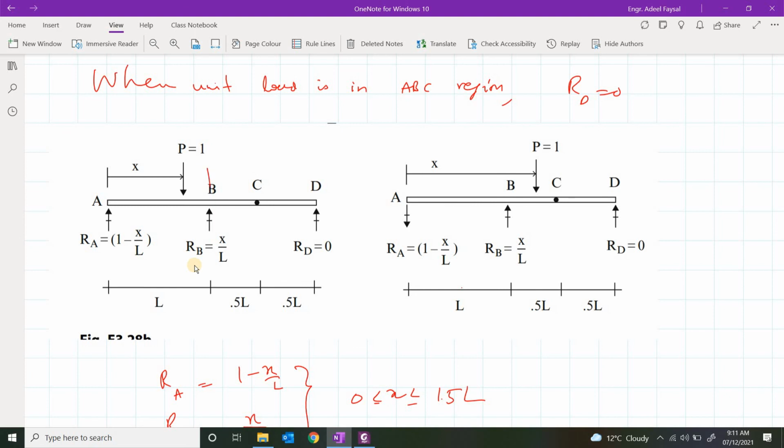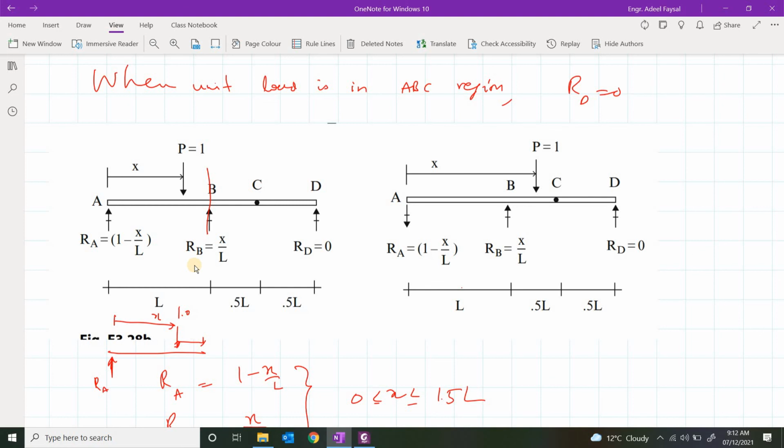If you cut a section over here, draw the free body diagram of maybe the left part. This is RA and this is unity. And this distance is x. So this would be what? I'm sorry, this is not x. This is x.